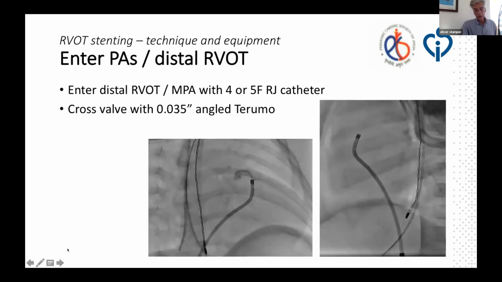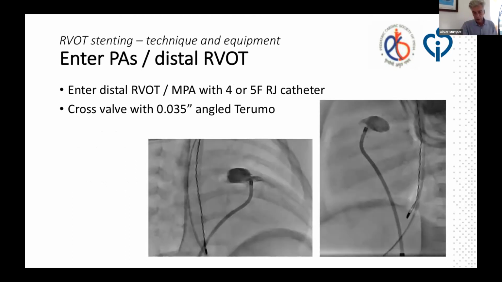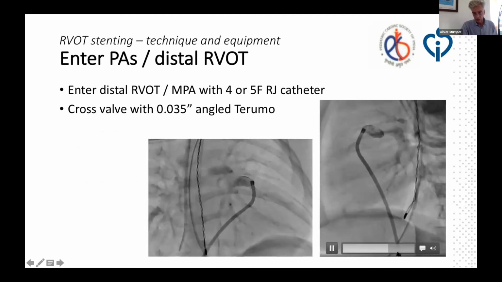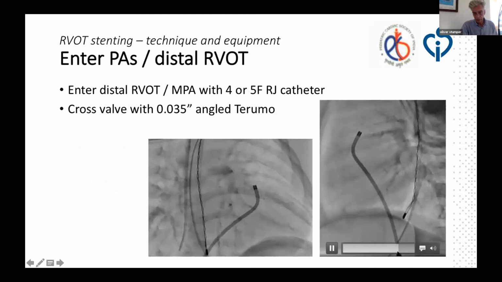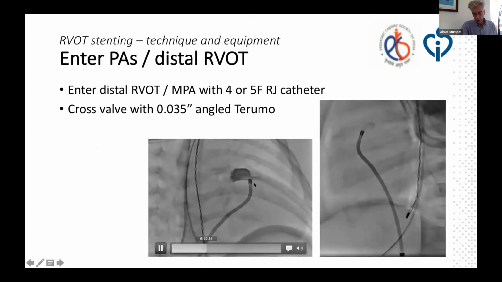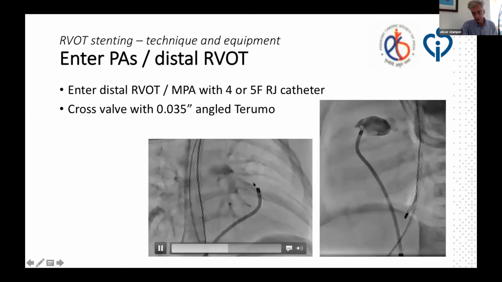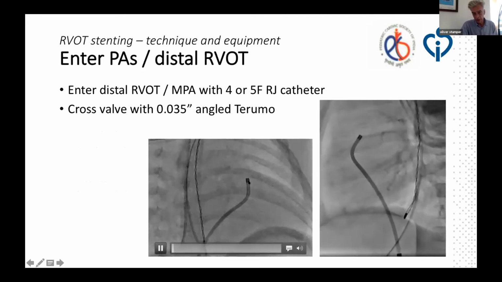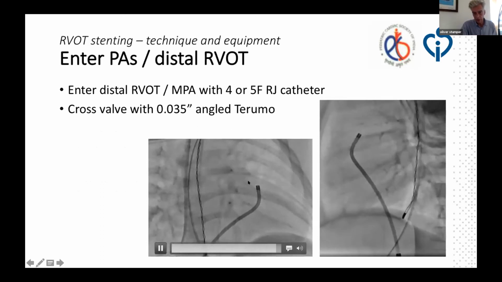So once we place the long sheath in the IVC-RA junction, and you see that on this lateral view, the tip of the long sheath is really there below the diaphragm. Enter the infundibulum, ideally with the diagnostic catheter, right Judkins, normally either 4 or 5 French, the same size as the long sheath.